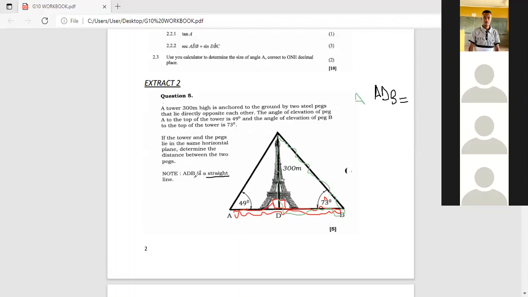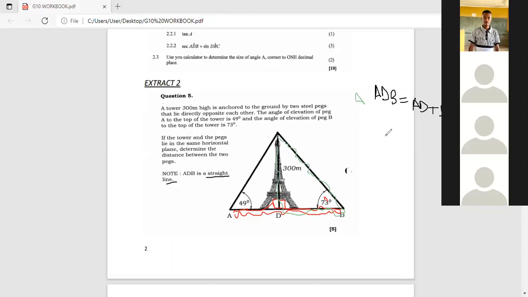They mentioned that it's a straight line here. So it's going to be equal to AD plus DB. That's it. AD and DB, they make ADB.